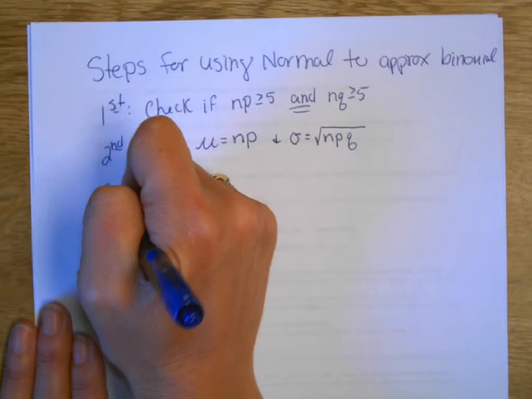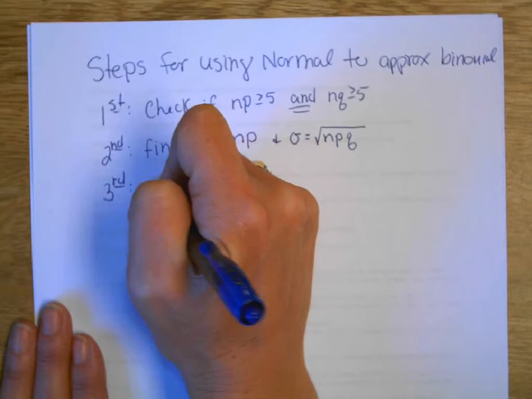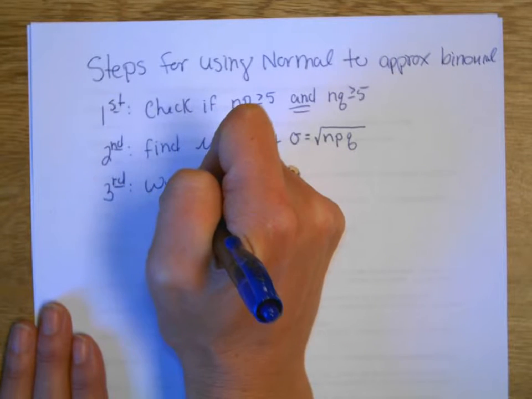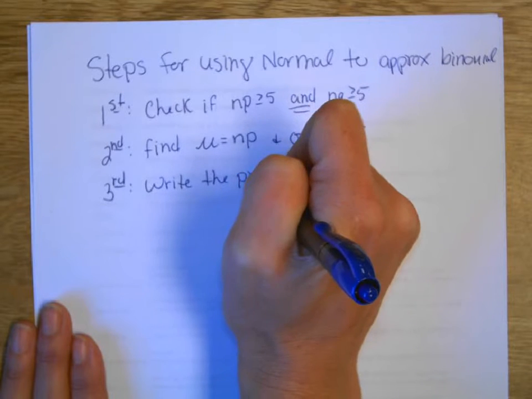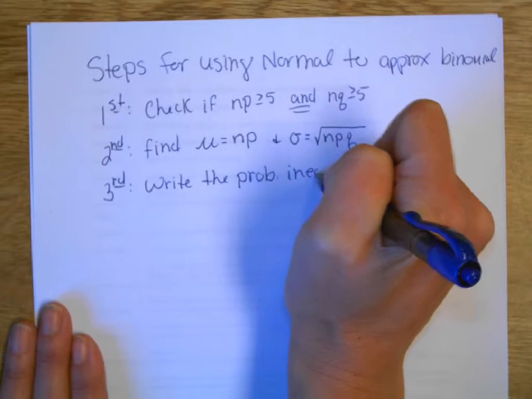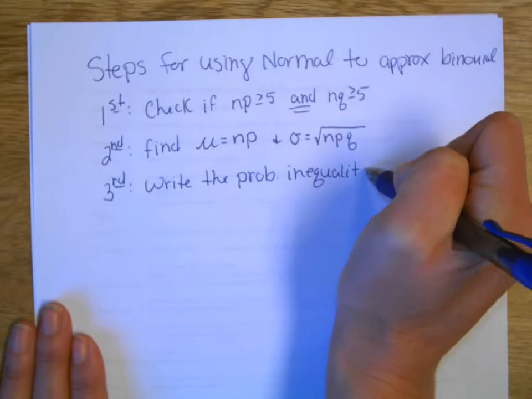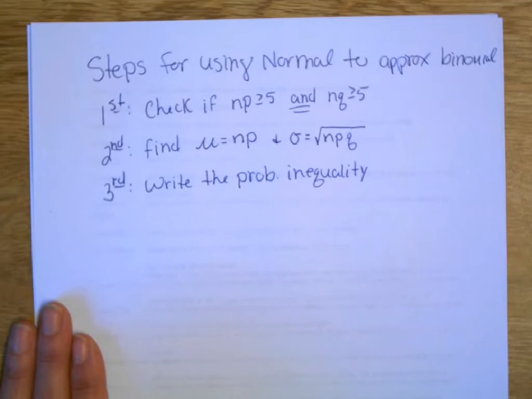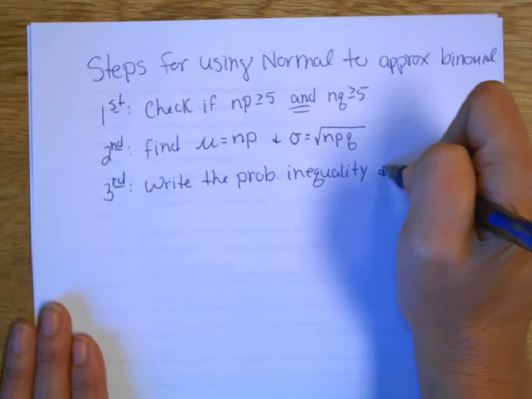Third step. Third step is to write the probability inequality and then make the correction for continuity, that changing it by a half like we just got done doing.